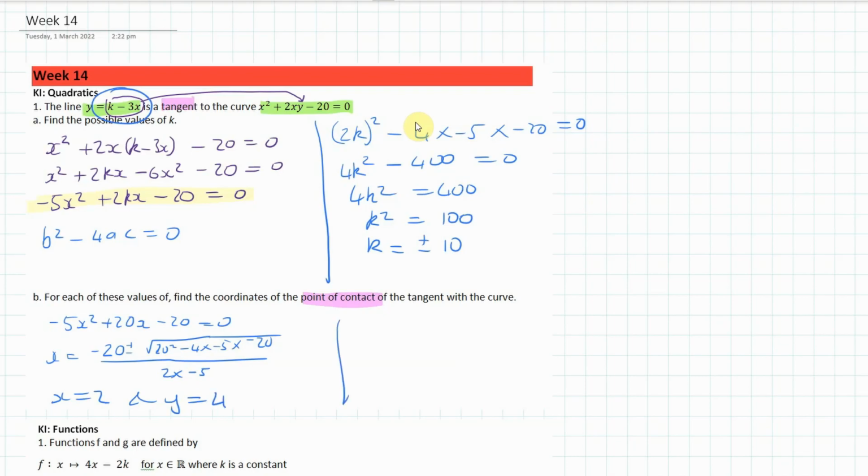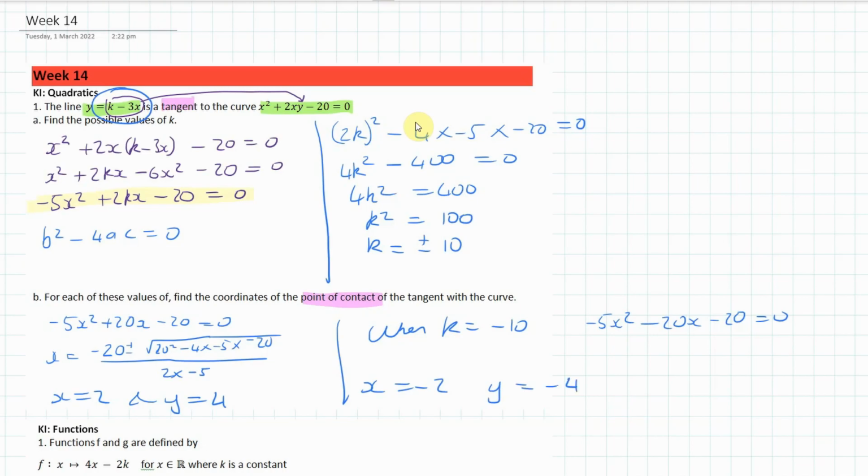And then when k equals negative 10, the equation will of course then be 5x squared minus 20x minus 20 equals 0. So all that you would need to do there is just adjust your quadratic formula, and then when you do that, you're going to get x is equal to minus 2 and y is equal to minus 4.